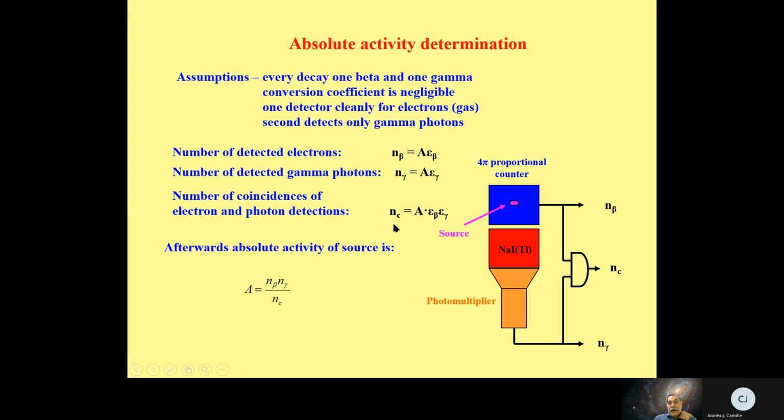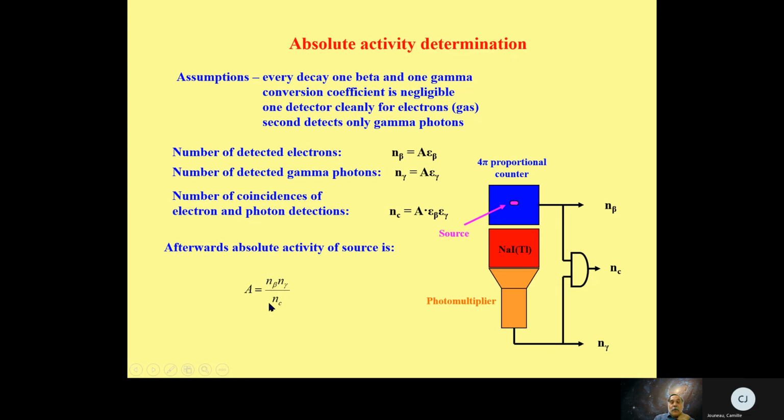After that it's possible to divide this product by this N_C, and because here will be epsilon beta times epsilon gamma divided by epsilon beta epsilon gamma, which is 1, and A squared divided by A is A. You will obtain A.